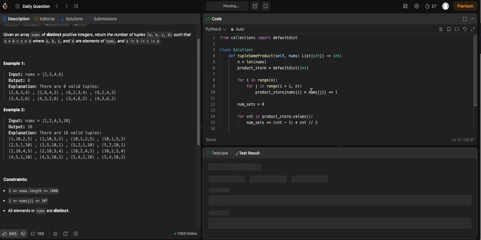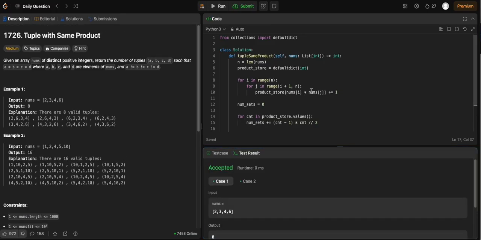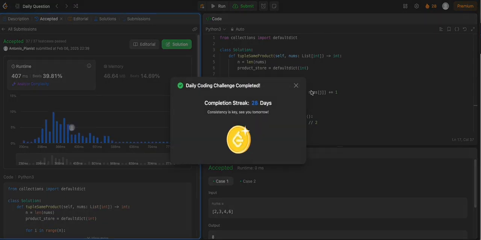And that should work unless defaultdict is not right. Okay, defaultdict is right. Well, am I missing any edge cases? Let's see. I did not miss any edge cases. And there we go. We solved today's problem. I'll see you tomorrow. Bye.